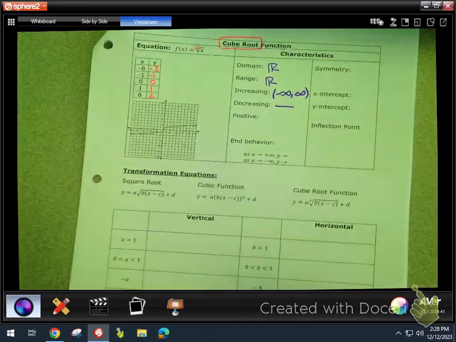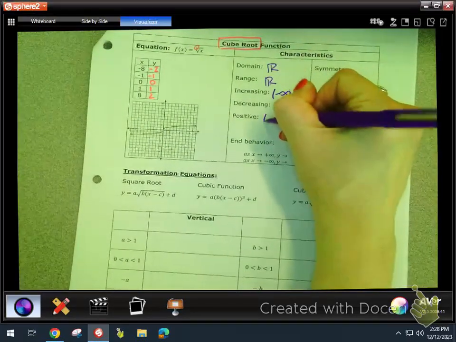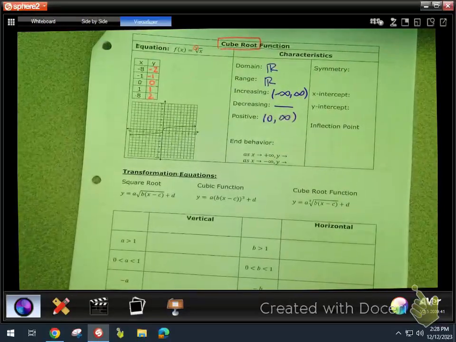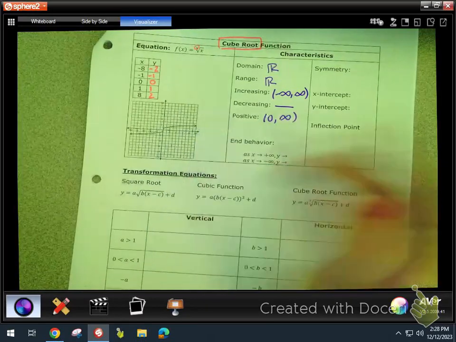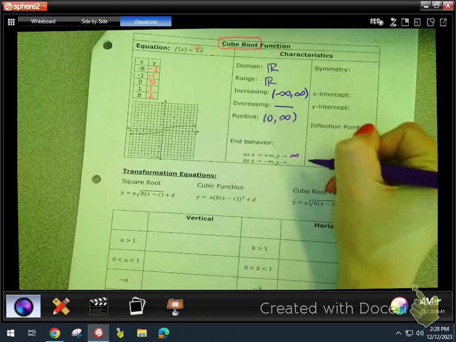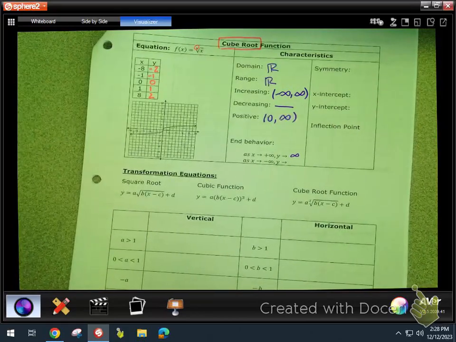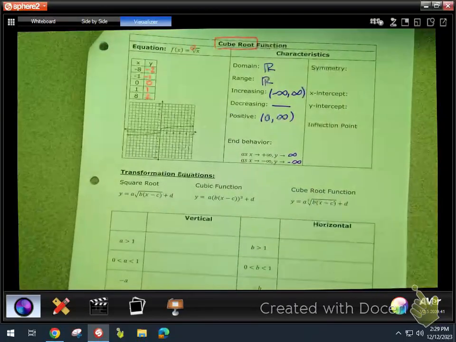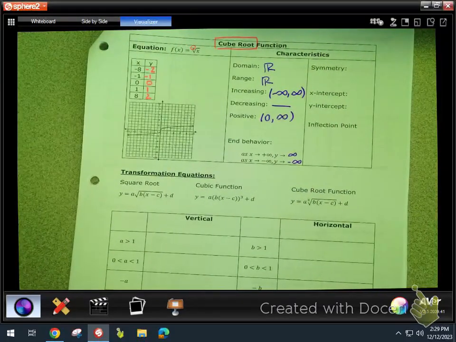Decreasing, it's not ever. It is positive, again, from 0 to infinity. The end behavior is going to be the same. As x goes to positive infinity, y is going to positive infinity, just at a slower pace. As x goes to negative infinity, the y's are also going to negative infinity, again, just slower.